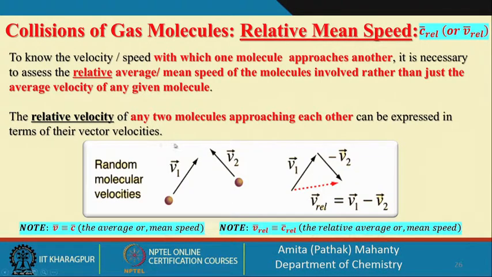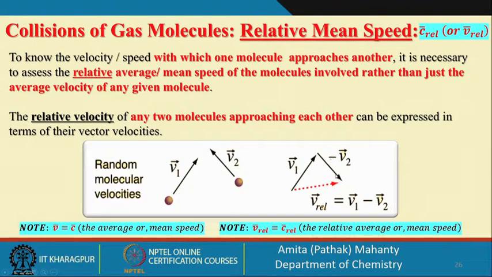The relative velocity of two molecules approaching each other can be expressed in terms of their vector velocities. So, this is one vector velocity and this is another. They are random molecular velocities, moving in any direction x, y, z. If we have a velocity v1 associated with one molecule and another velocity v2 associated with the other molecule, and I take this as positive, I take this as negative.